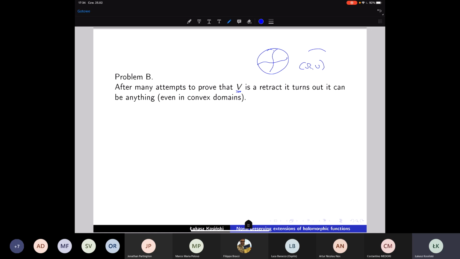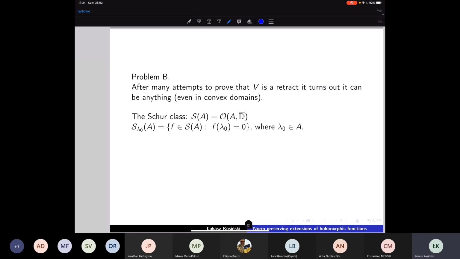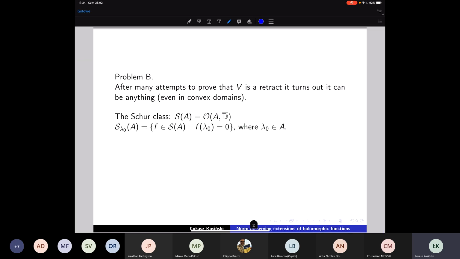So let me introduce two more definitions, because they will be quite convenient. By the Schur class, S of A, I denote the space of bounded holomorphic functions on A with values in the closed unit disk, and S lambda 0 of A is the space of those F that vanish at the point lambda.